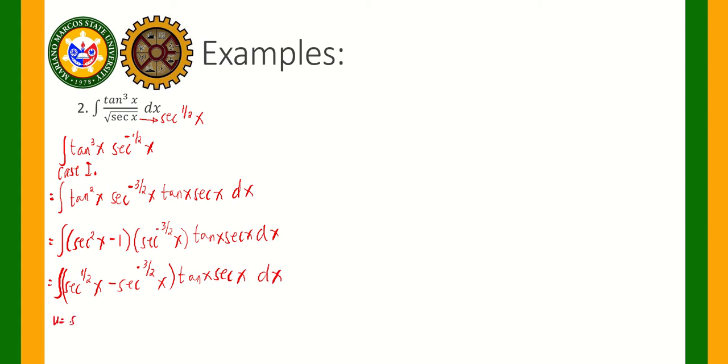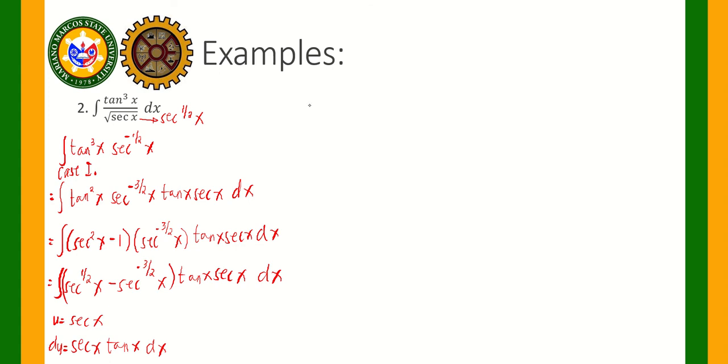Now, let u tayo ngayon. So, let u be equal to secant x. Now, your du is equal to, what is the derivative of secant x? That is equal to secant x tangent x dx. Okay. So, hindi na pala natin kailangang hanapin yung value ng dx because we are changing the variables into u.